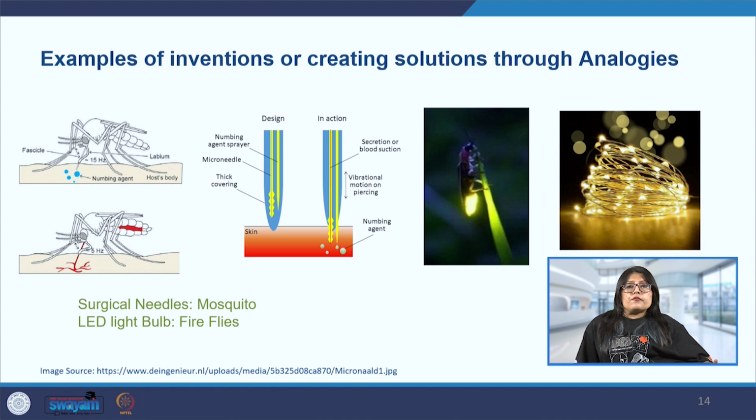And then we have this small little insect, the firefly. The firefly has the ability to glow in the dark, and it is also known as jugnu in Hindi. This firefly lights up as it is flying in the dark sky.